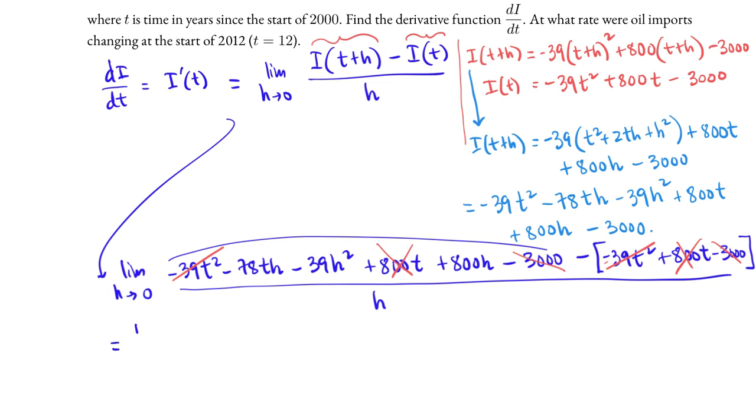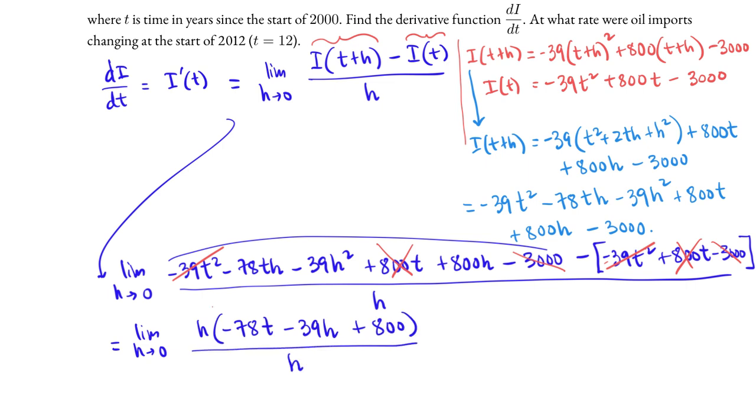We then factor the numerator, since we cannot simplify it further. In the numerator, we only factor out h. We have h times the quantity negative 78t minus 39h plus 800, over h, for the purpose of canceling out h. This will give us the limit as h goes to 0 of negative 78t minus 39h plus 800. We then evaluate the limit.